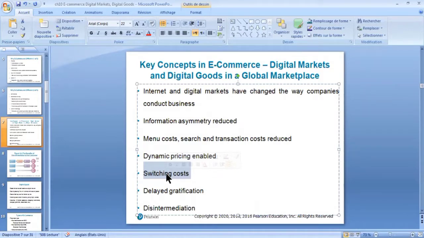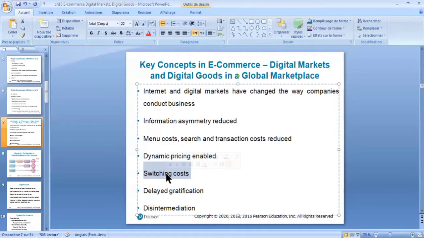Depending on the nature of the product or service, digital markets will reduce or increase switching costs. We can take an example of switching costs: for example, you are using Android and you have decided to switch to Windows or to iOS.